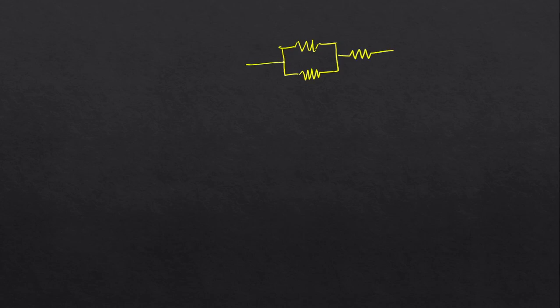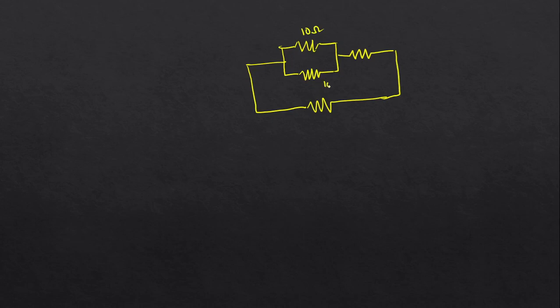Next, we'll try to write a question which contains series as well as parallel circuit. Let's say we have two resistors which are connected in parallel. Then I have a third resistor which is connected in series with it. But I also have a fourth resistor which is connected parallel to all these. Let's say this resistor has a resistance of 10 ohm.